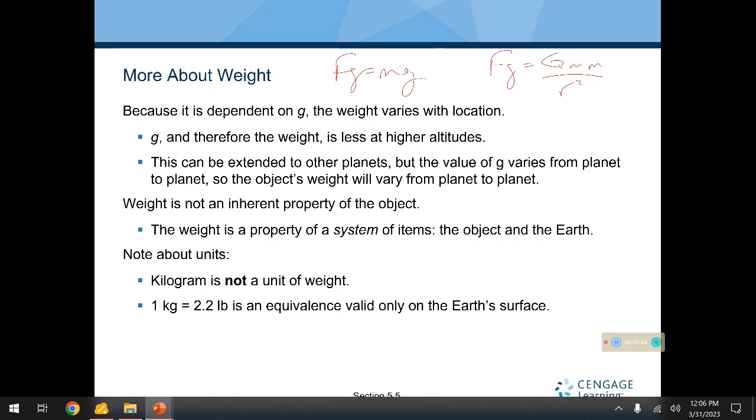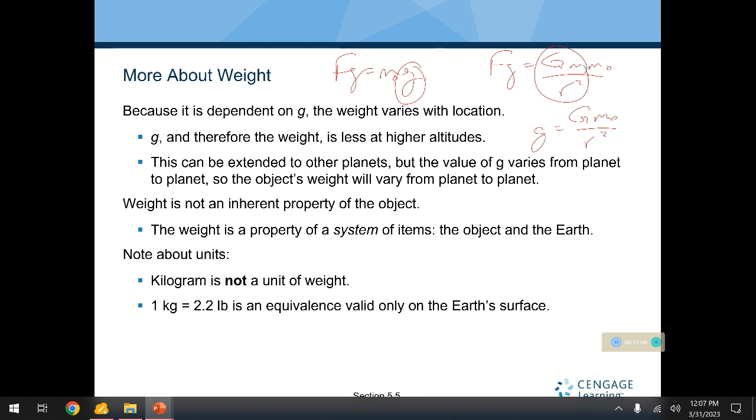And so I said if those equations are the same, then if this is mass of object and this is mass of object, then G must be equal to this mass right here. Thus, little g is equal to big G times mass of planet over the distance to that particular spot squared, which is usually the radius of that planet.